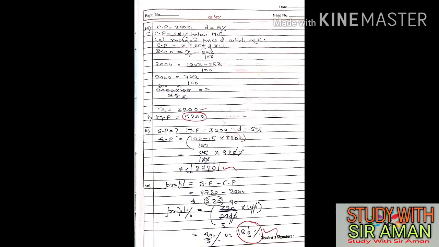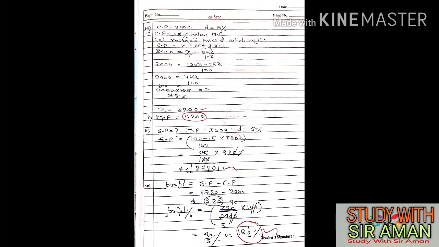Check. Cost price is 2400. Discount is 15%. Then the condition is it is 25% below marked price, but marked price is not given. So let the marked price of the article be rupees X. Below means minus, marked price is X. How to write? Check in 4th step.